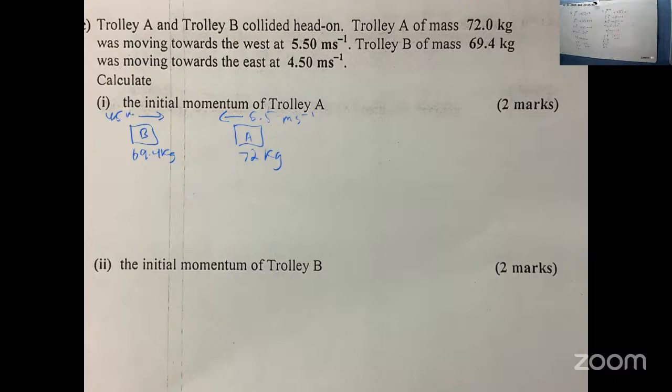Part one, they wanted to get the initial momentum. So if you consider one direction positive, the other will be negative. It's up to you. The momentum of trolley A will be the mass of trolley A by the velocity of trolley A. So that'll be 72 by 5.5.